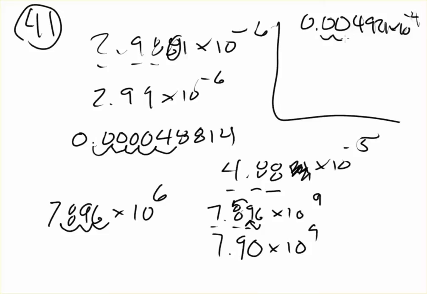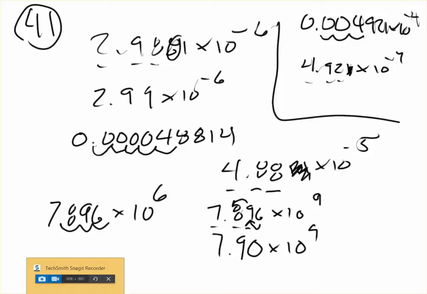So we're going to move it 1, 2, 3 places. So that's going to be 4.921 times 10 to the negative 7th power. And with 3 sig figs, we just get rid of that. So it's 4.92 times 10 to the negative 7th. Okay, question number 47.